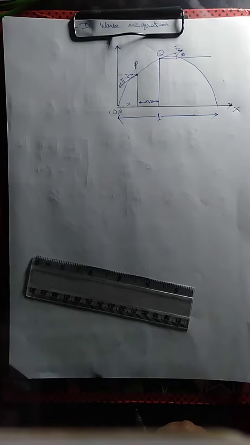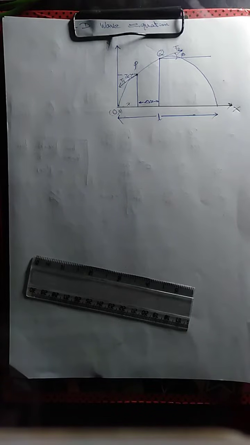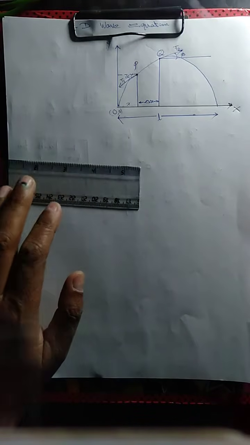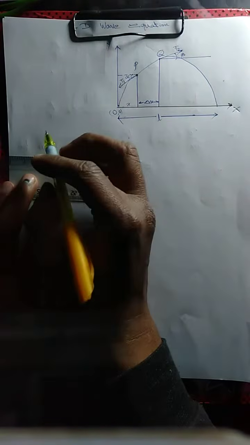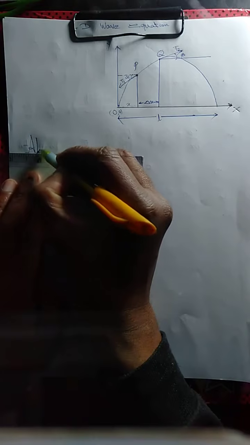We assume that air resistance is not there and gravity is not there, and so on. The string is elastic, etc. Now along the x-axis, what do we have?